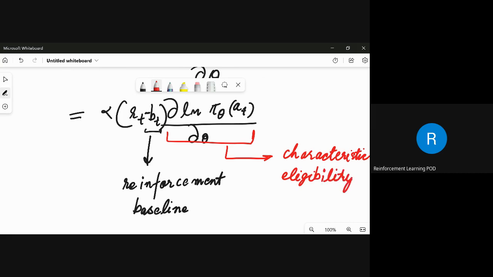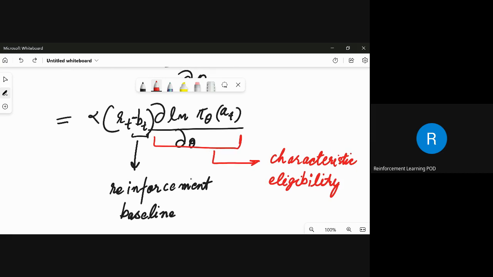This is similar to eligibility traces that we had seen in week 6, which decides for a particular state how much that particular state is eligible for receiving the update from a reward. The same thing is here, very similar, for the parameters theta. All right. Any questions?